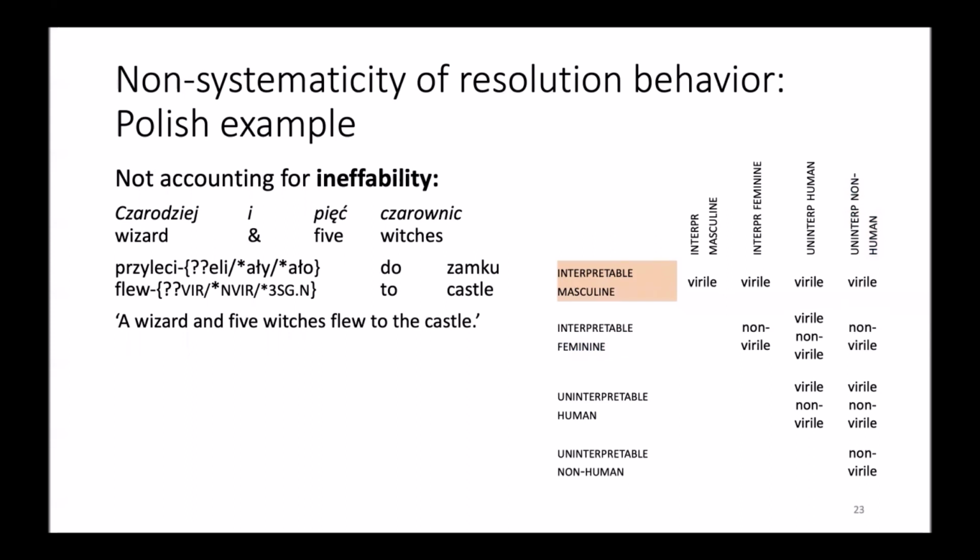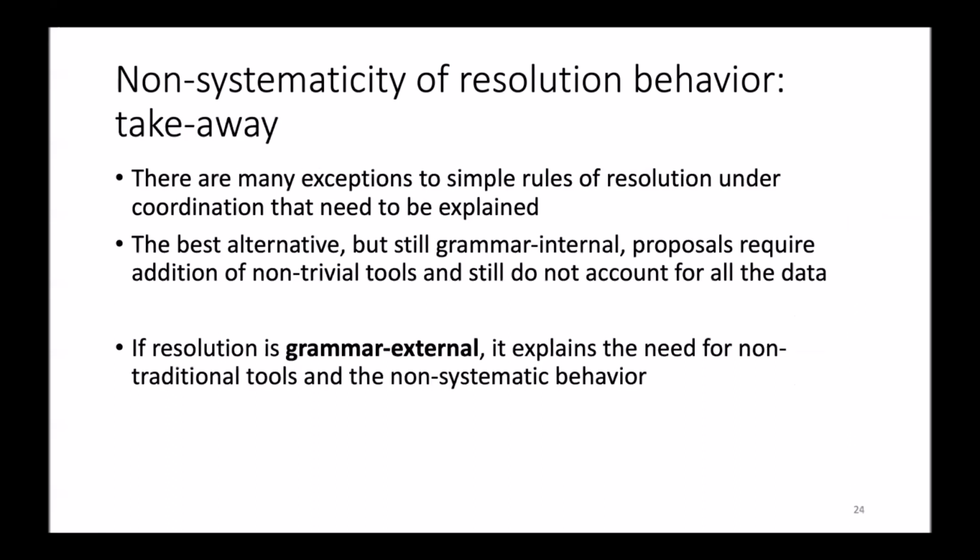And what speakers report, at least some of the speakers, is that none of the agreement variants is fully acceptable. The third singular neuter is completely out, non-viral is completely out. Viral, maybe if you squint, could be somewhat produced or accepted, but it's still not the most acceptable way of forming this sentence. And again, this is not something that the old or the new proposal predicts to be the case.